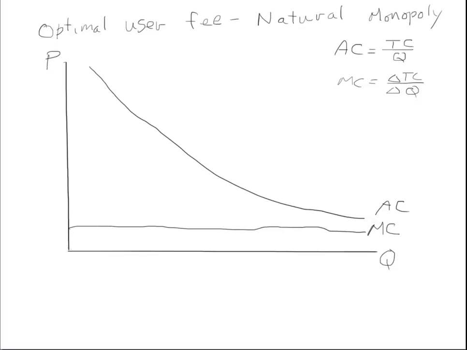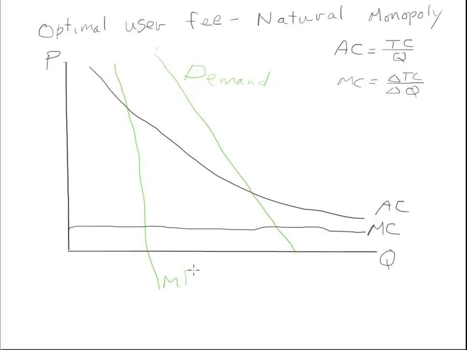Let me change my colors. Let's assume this is my demand curve, D for demand. The marginal revenue curve has twice the slope.